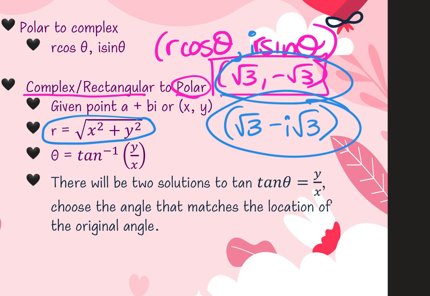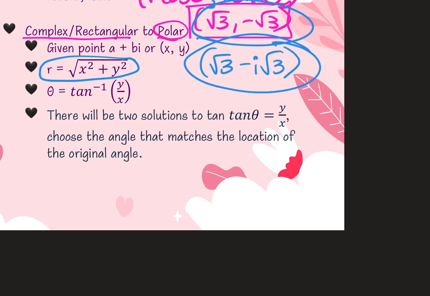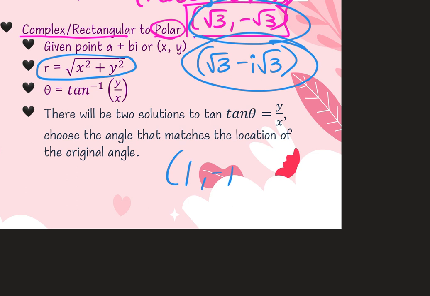Now what's different is that this is not the actual inverse, so we don't have to restrict it the same way that we did. You'll use your whole unit circle, but there's still only one right answer, and that one right answer is based on the location of the original point. So let's just say I had 1, -1 as my coordinate point. Ignore the radius part of it and just go to the theta.